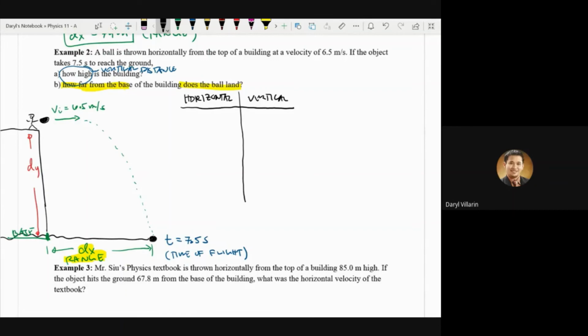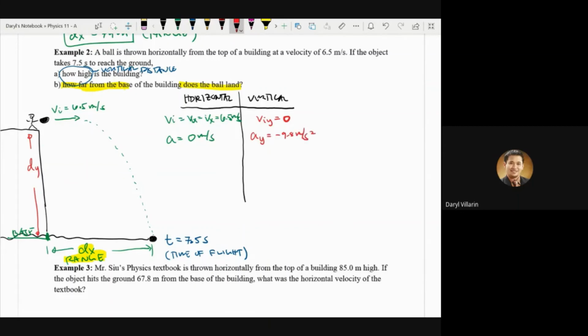So for horizontal motion here, the initial velocity will be, well, it's launched horizontally, so that would also be my VIX, which is also my VX, which is 6.5 meters per second. And again, if it is horizontally launched, your initial velocity along the vertical line is always zero. The acceleration is zero here, but the acceleration along y is always negative 9.8.